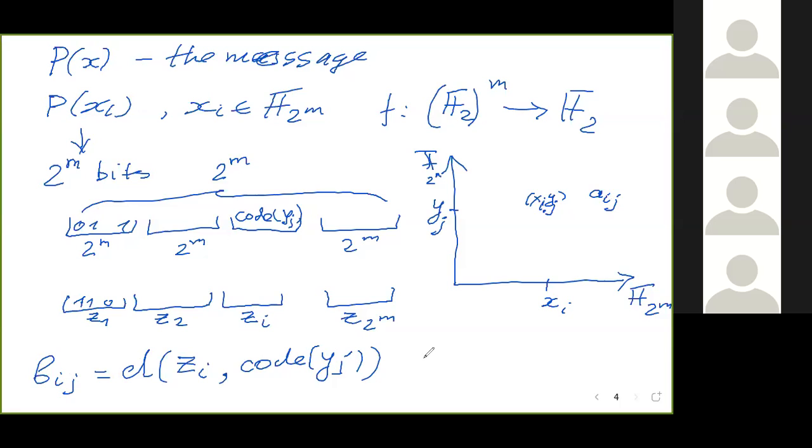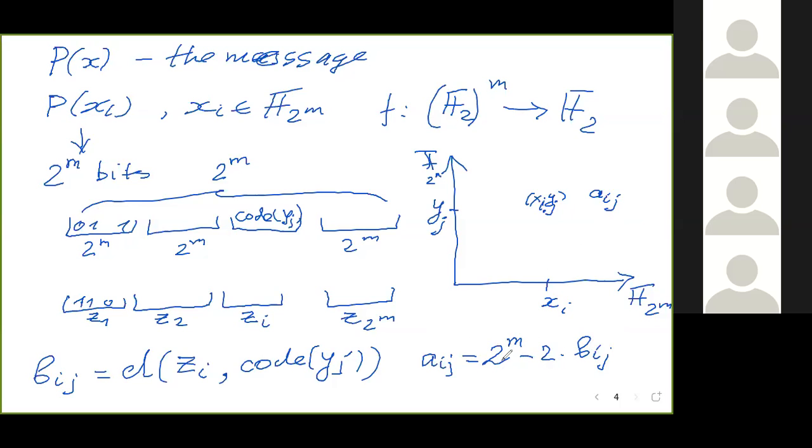The multiplicity will be the number of equal positions in these two code words minus the number of different positions. In other words, it will be the total length of those words, 2 to the m, minus 2 times the Hamming distance Bij.